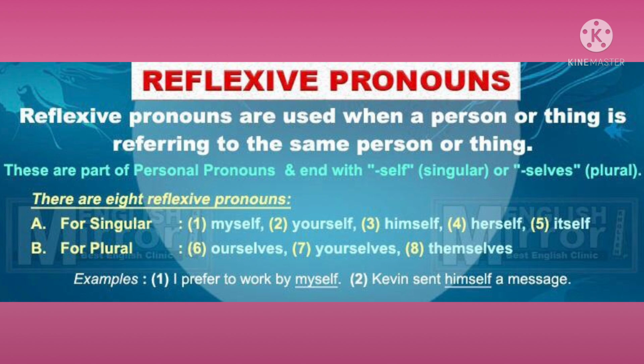Yourself, second person singular; yourselves, plural. Myself, ourselves are first person, singular and plural. Yourself, yourselves: yourself is second person singular, yourselves second person plural. Third person: himself, herself, itself, and plural themselves.